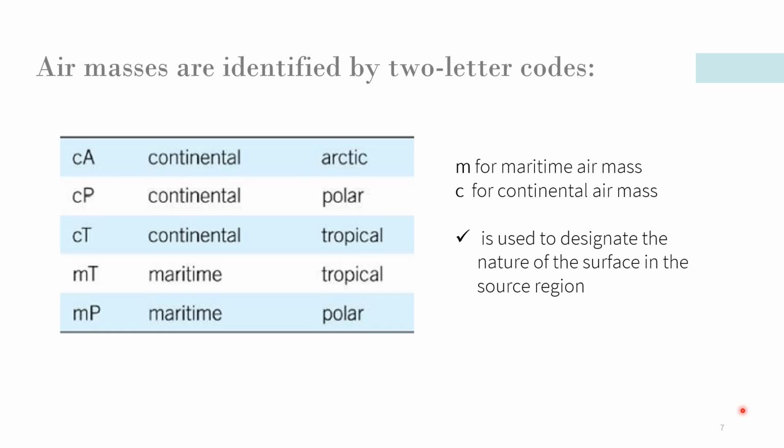Although Arctic air masses form over the Arctic Ocean, this water body is largely covered with ice throughout the year. So that's why the air masses that originate here consistently have the moisture characteristics of a continental source region.